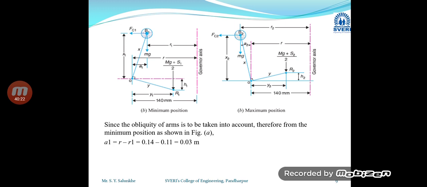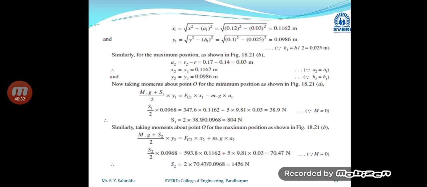Same way for the second diagram we are going to use. We will move to the next slide. If required, we will come to this slide for repeating the diagrams. Let's move to the next. So this x1 is calculated by considering the right angle triangle, square root of x square minus a1 square.